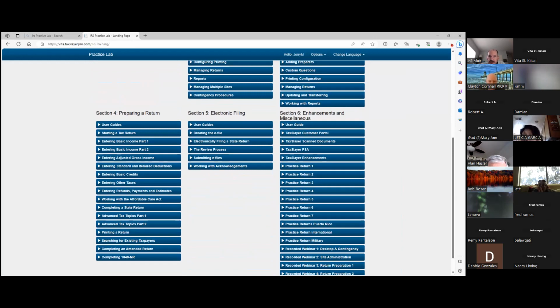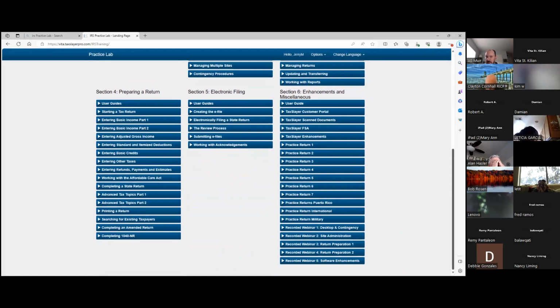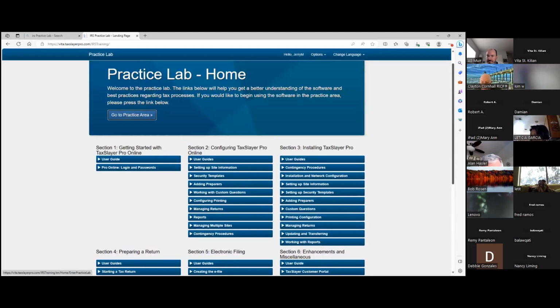They have essentially tutorials, and they're helpful. If you want additional experience preparing returns, you've got practice returns with what accountants call check figures under Section 6. You can ignore the practice return that's married filing separate. We don't do that in our VITA program.